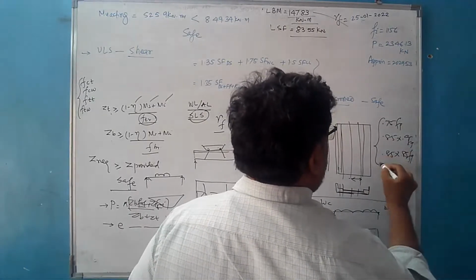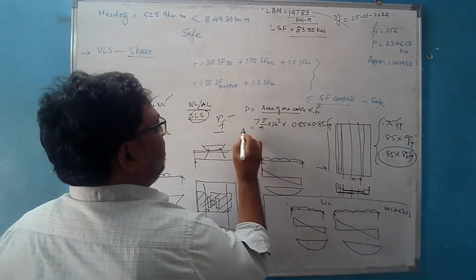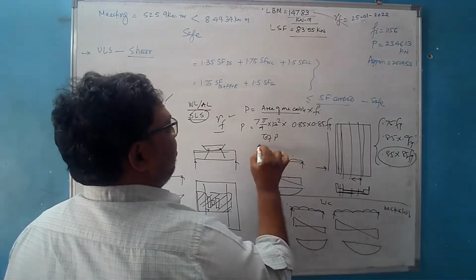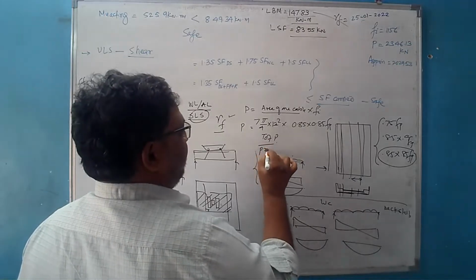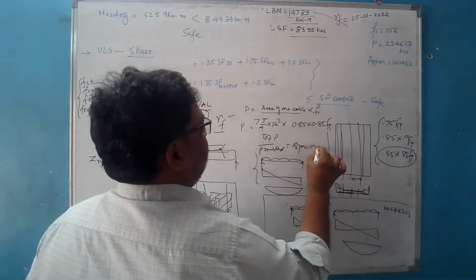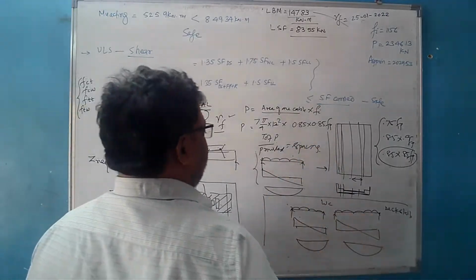Then the least of all was considered, and accordingly the force carried by one cable was determined. Total force divided by the force to be provided, and we had got the spacing. Whatever spacing came, we reduced it a little, and that was the spacing provided for the cables.